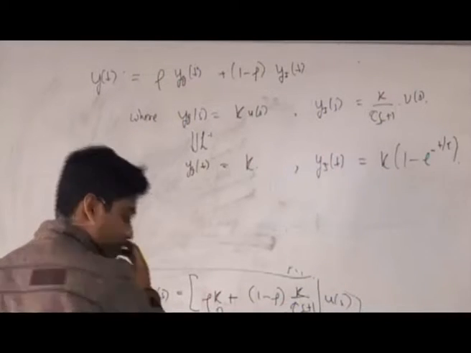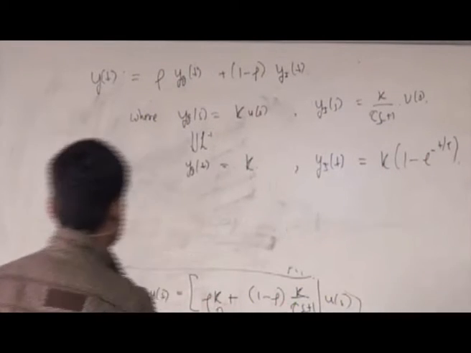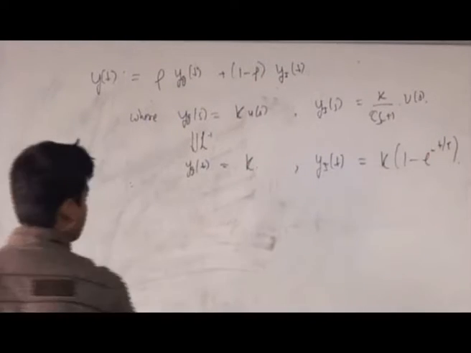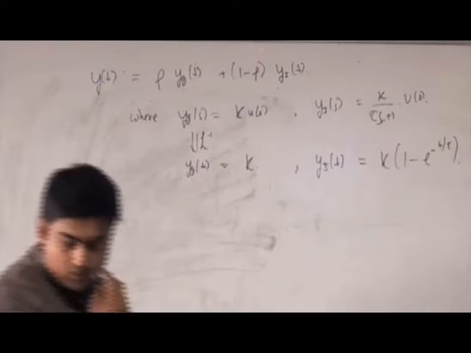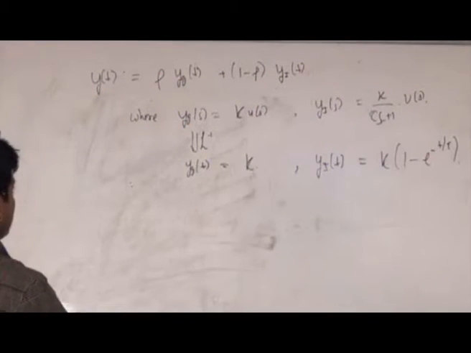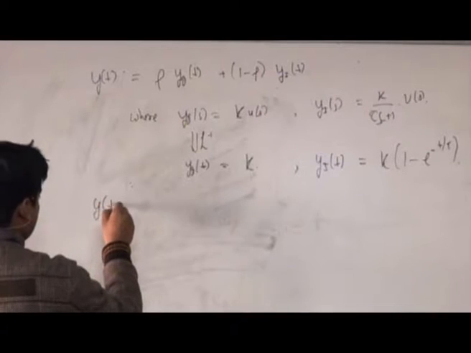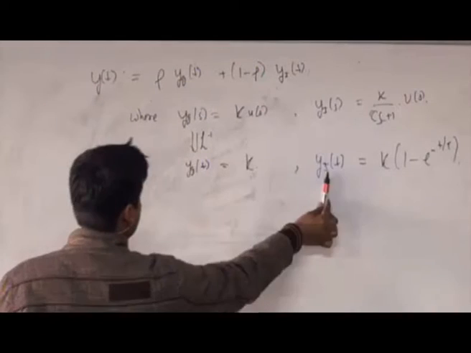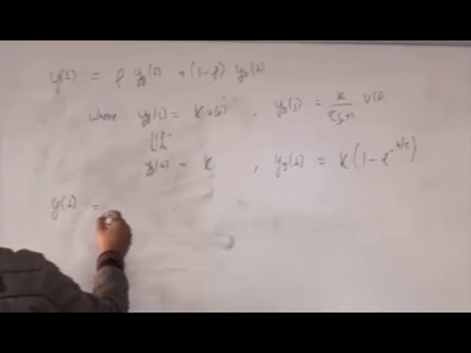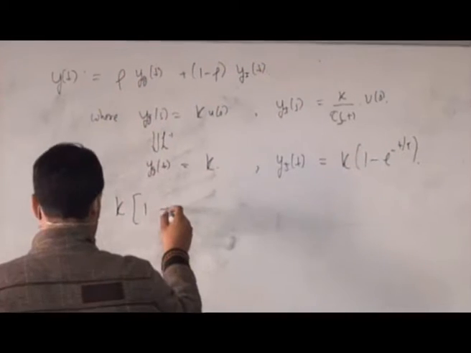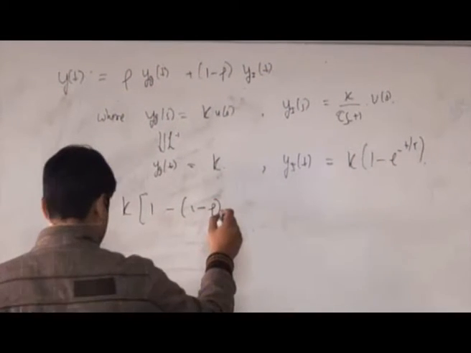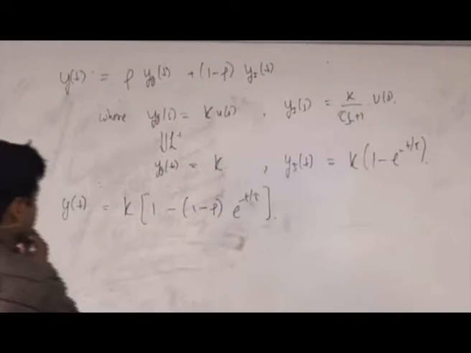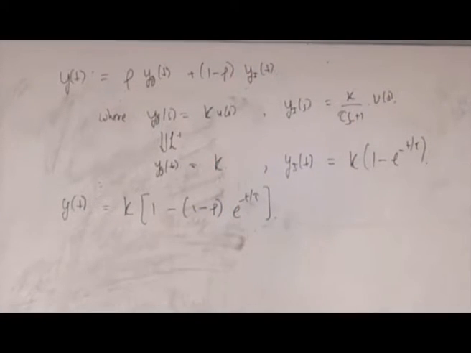Okay. So this is what is written in the slides, the final equation y(t). If I just put these into this equation, I will get this one.